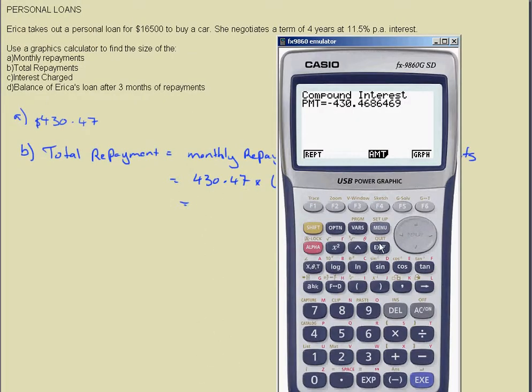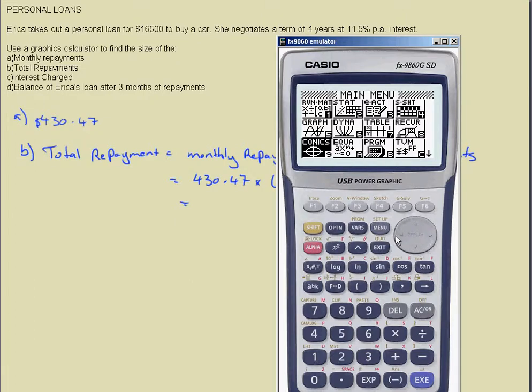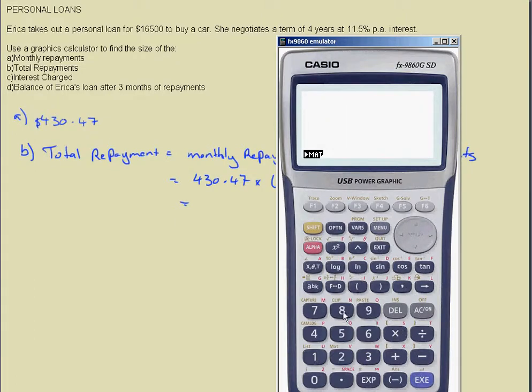And let's just have a look at that. So going back to our maths over here, 430.47 times 12 times 4 over 4 years, $20,662.56.